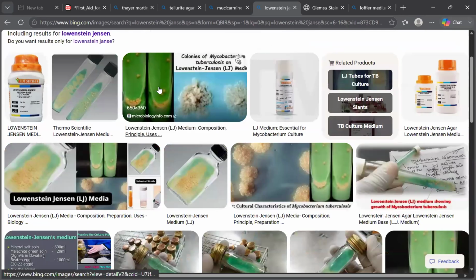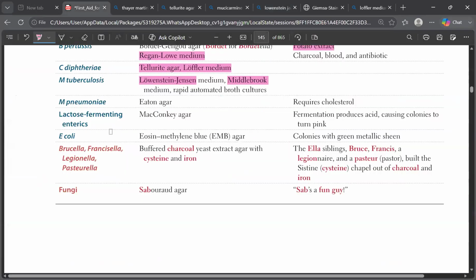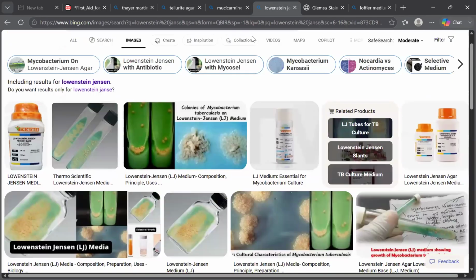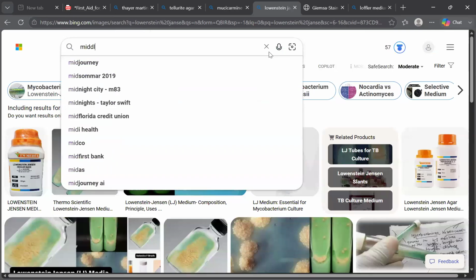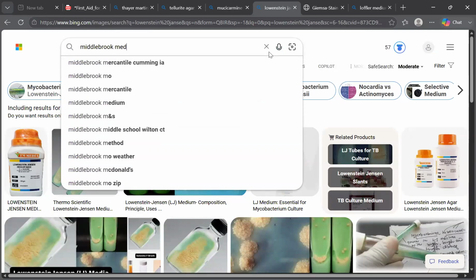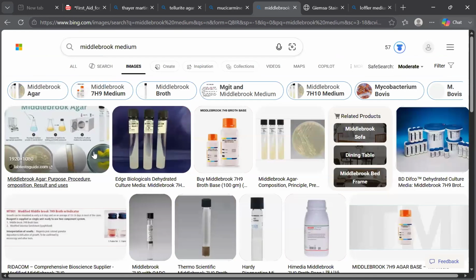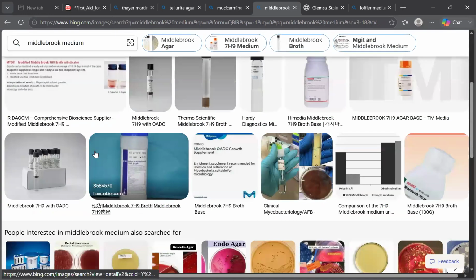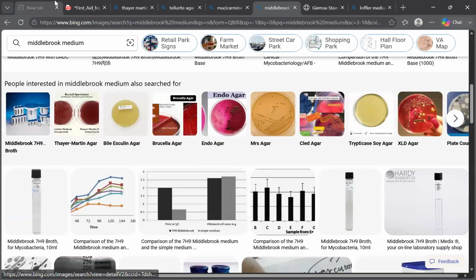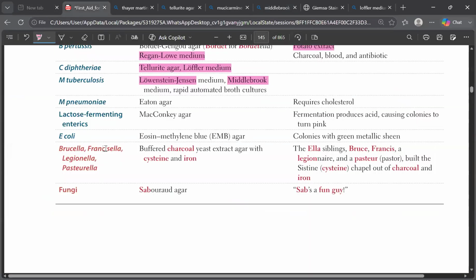Okay, it looks very green, a fresh color. And we have Middlebrook medium. Right there, Middlebrook. Okay, this one looks quite transparent. So M. tuberculosis requires a Lowenstein-Jensen medium, a Middlebrook medium, and rapid automated broth cultures.